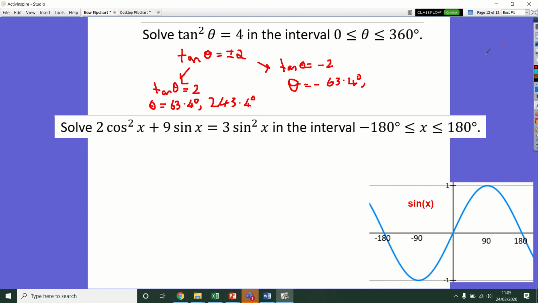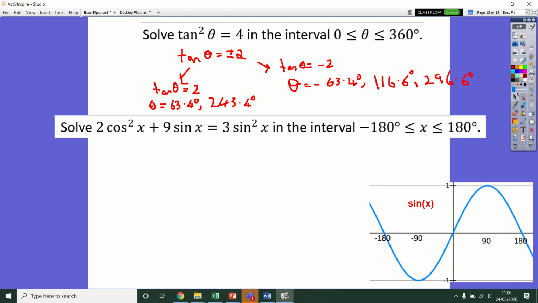And the second value I can get is 116.6, which is in the right range. If I add 180 to that, I can get a second value, which is 296.6. And then if I exclude the value that doesn't count, in total I've now got 4 values of theta, which I put as my answer.